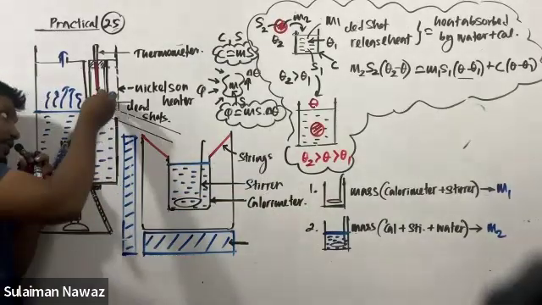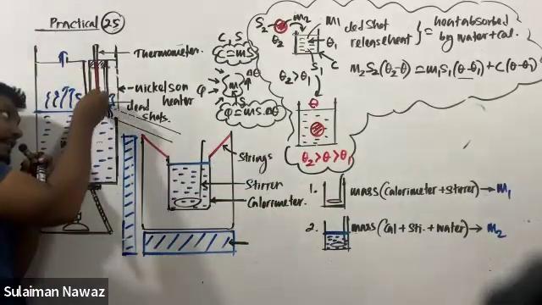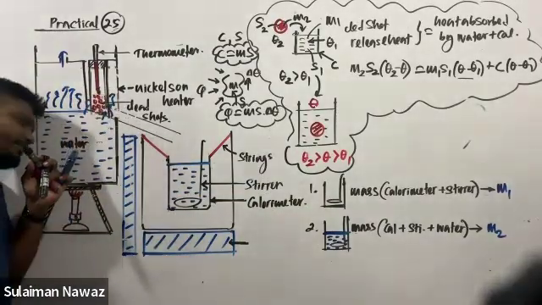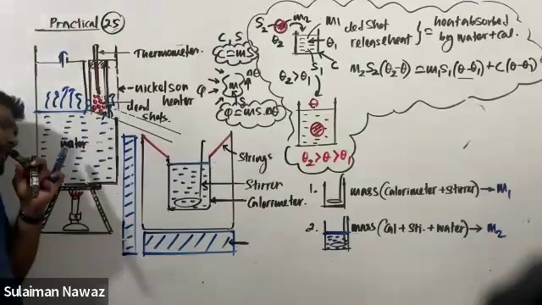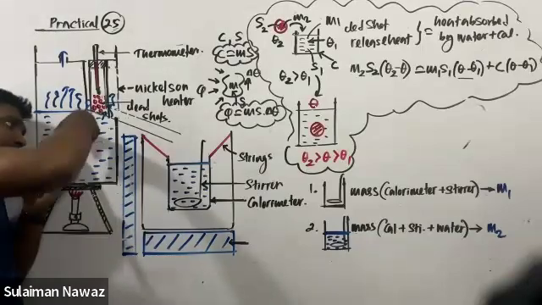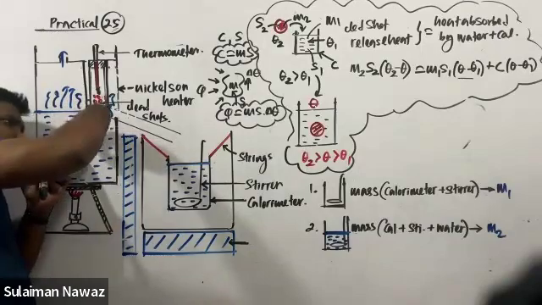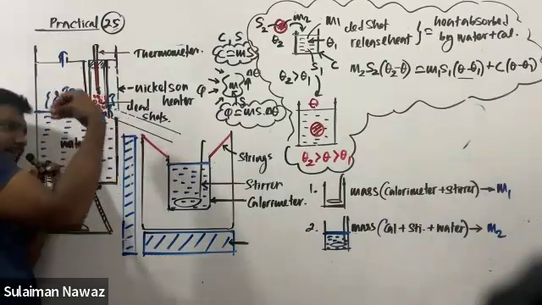What will happen when, rather than using the setup, you directly put these lead shots into the water and heat them to 100 degrees Celsius? When you take them out, those lead shots are wet with that water.